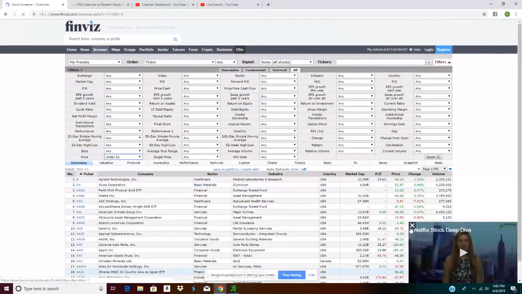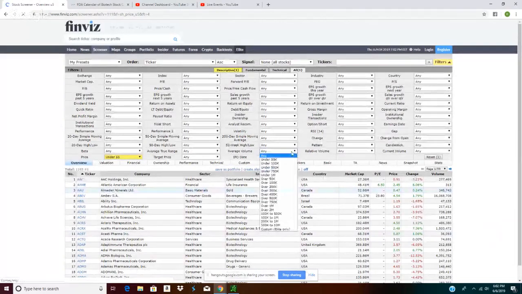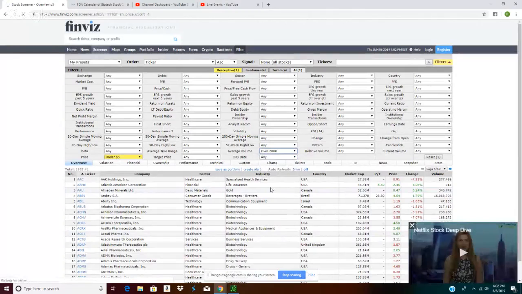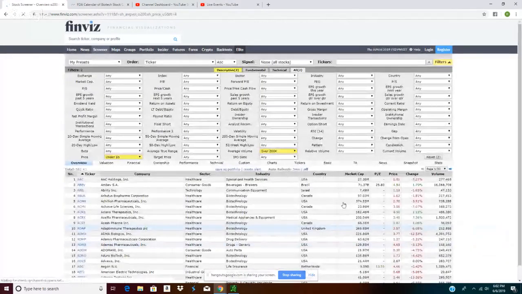We want to add average volume over 200,000. Then we go to performance.